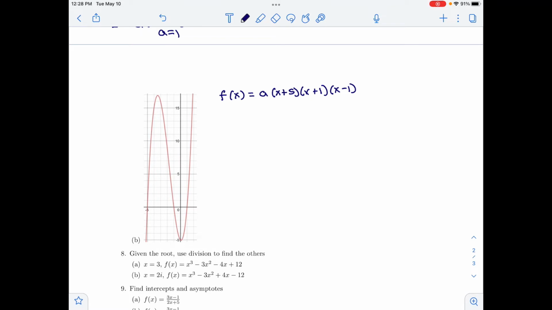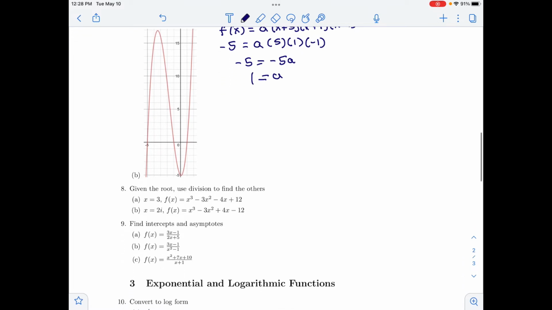And it has a y-intercept of -5. Well, it looks like this is going to, again, just give us a value of 1. Yeah, so we got -5a equals -5. So a is equal to 1. So it looks like I chose some simple ones on that. But you always need to figure out what a is.